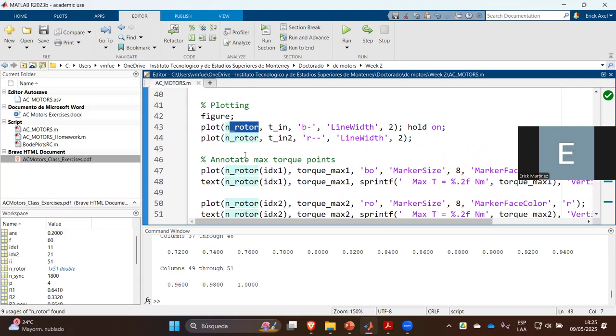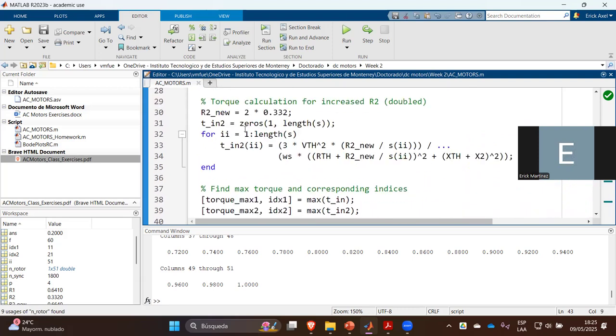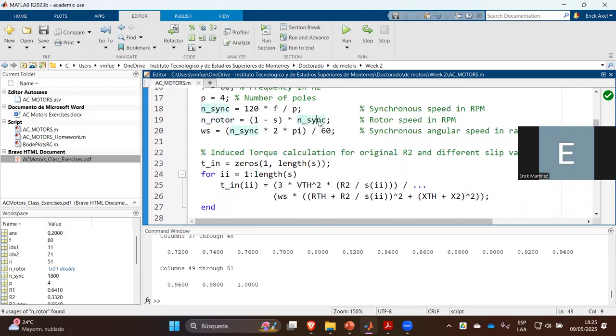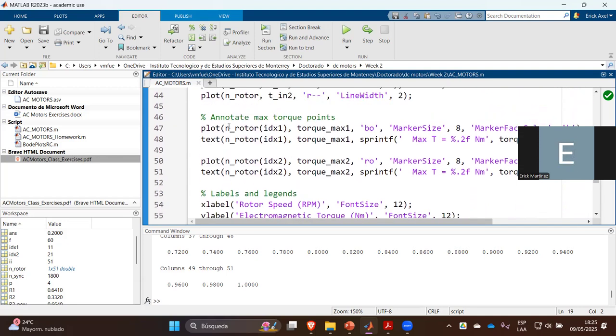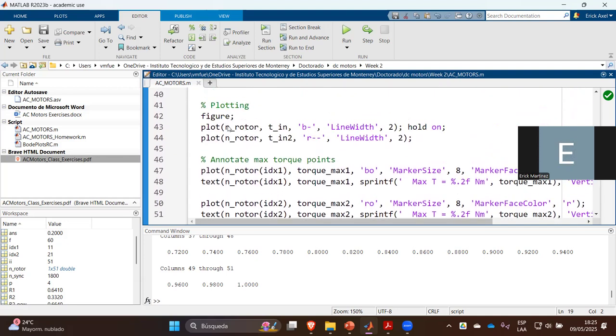As I mentioned previously, I generated a vector for all the possible rotor velocities, and I am generating this plot that relates the rotor speed with the induced torque for the two cases, when I am doubling the value of the R2 resistance and for the original.